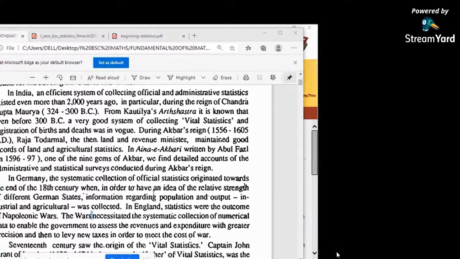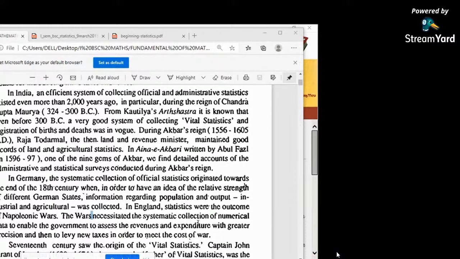And in order to have an idea of the relative strength of different German states, information regarding population and output, industrial and agricultural, was collected.